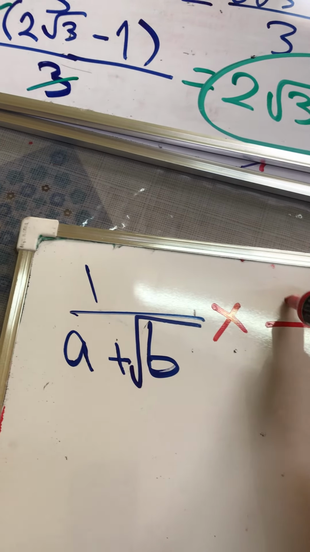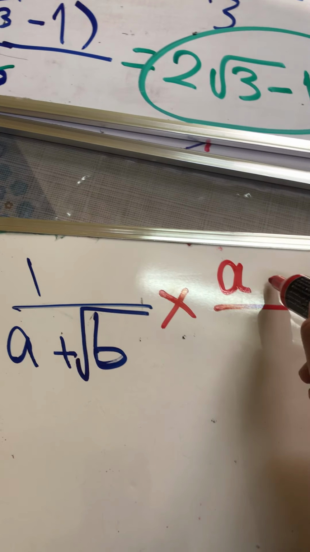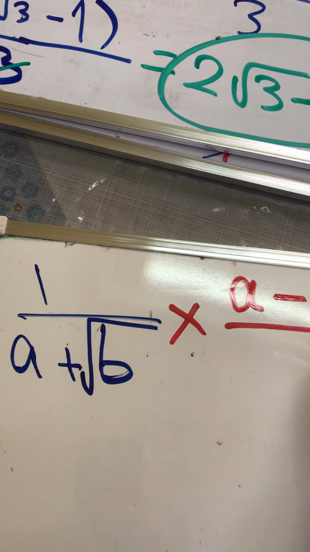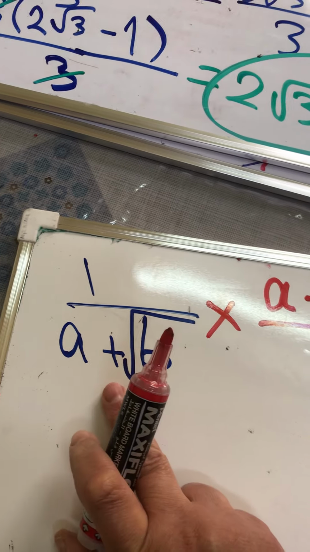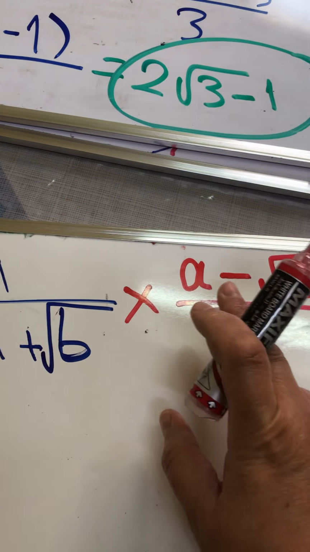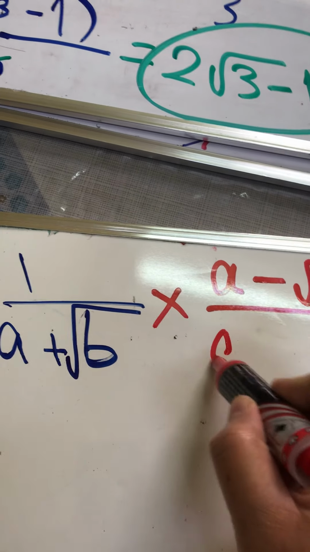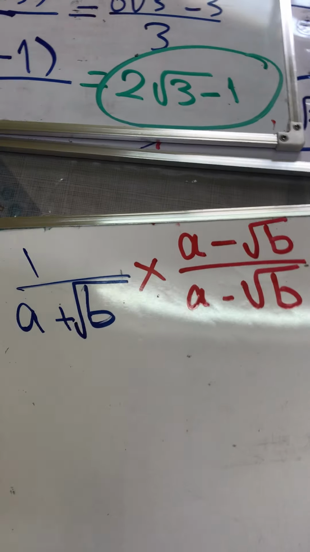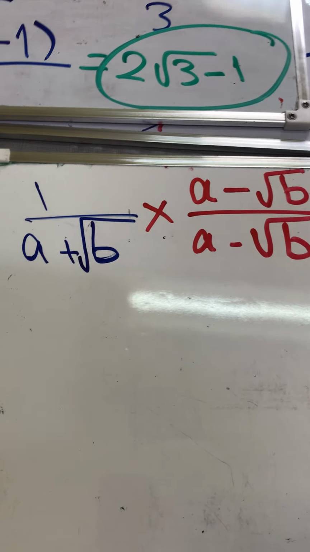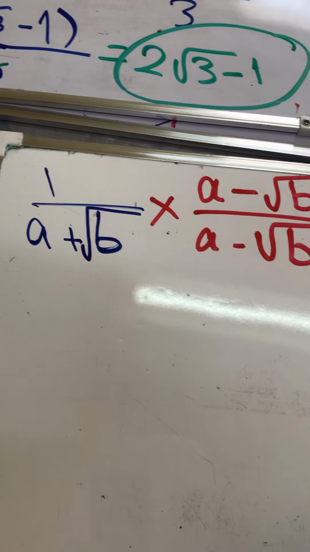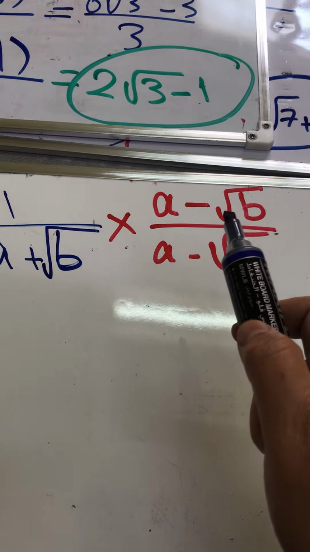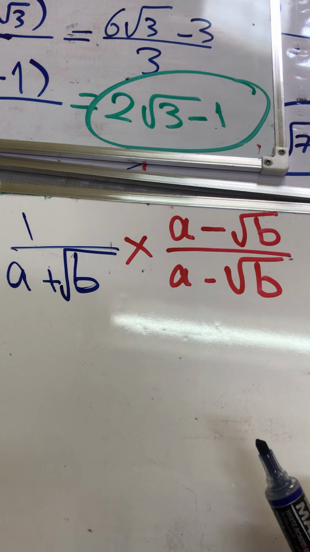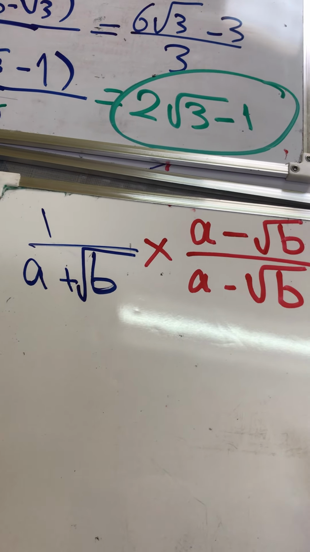So I'll multiply by a, take care, minus square root of b. What I have a plus, so it will be a minus, and over a minus square root of b. Okay, so if I have a fraction with denominator a plus square root of b, I'll multiply by a minus square root of b over a minus square root of b.